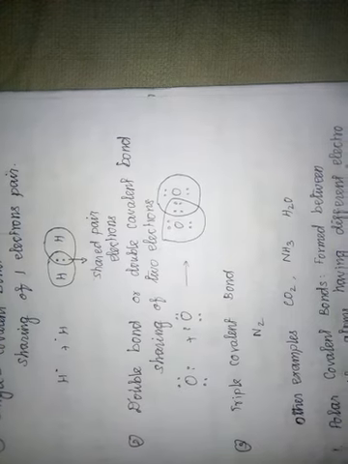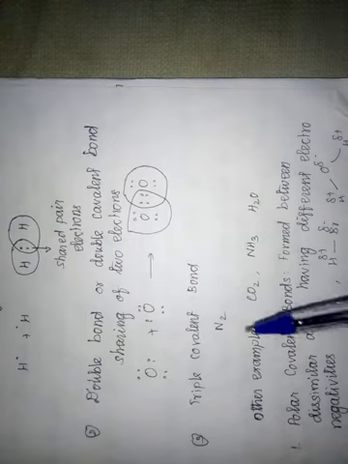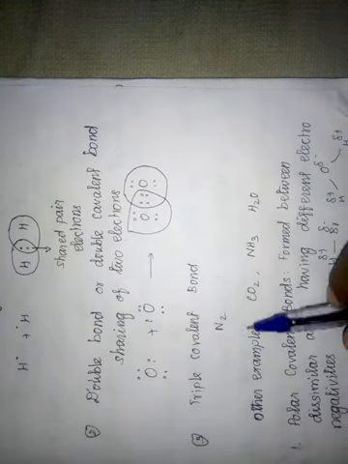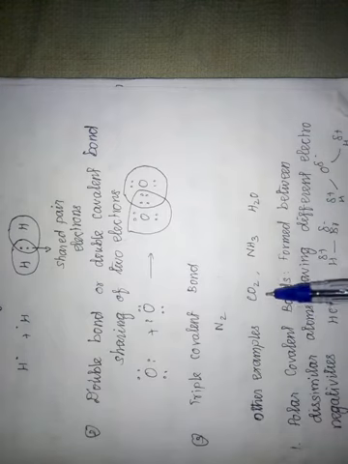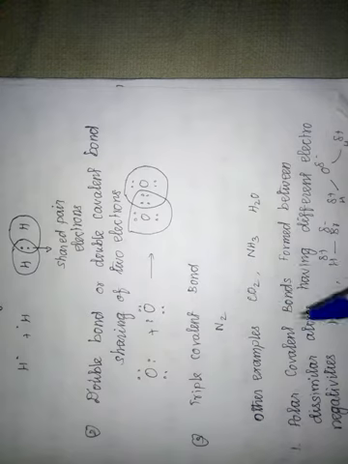Likewise, in nitrogen they share 3 electrons, and a triple bond is formed between the nitrogen atoms. Likewise, we can also explain other covalent molecules like CO2, ammonia NH3 and H2O. So these are the different categories of covalent bonds.